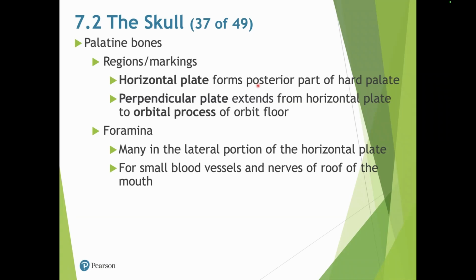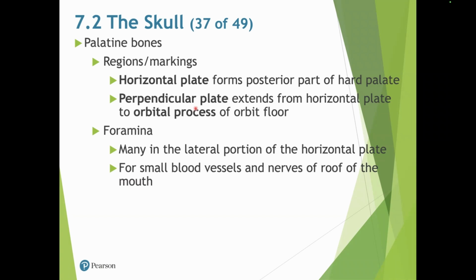Now put your tongue on the roof of your mouth. Now slide it back as far as you can and feel that hard part, right? That's what we're talking about, that horizontal plate of the posterior part of the hard palate. Then you have your perpendicular plate. That is going to extend from that horizontal plate to the orbital process of the orbit floor.